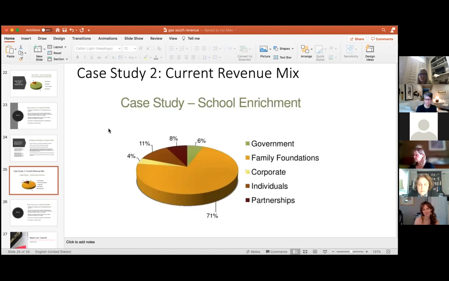Then we went into what recommendations we would make as the consultants. Maybe growing government, but being careful, not too many government departments. If you've got federal, state, local governments all falling on your lap, that could be a huge bandwidth challenge. If they're looking to change that concentration, maybe increasing corporate funding is a big opportunity for them.